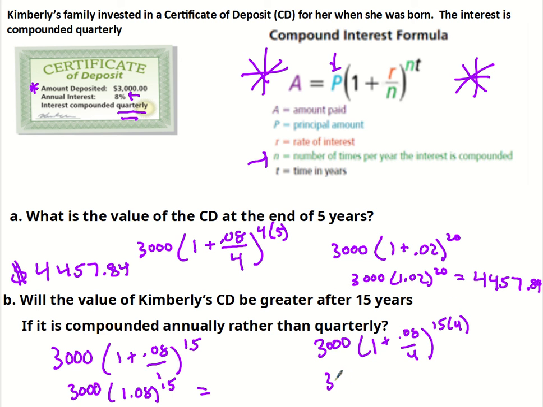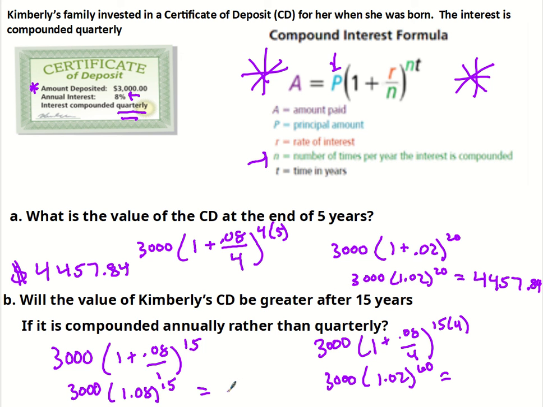So what I'm comparing is what's the account going to be worth with these two exponential growth values. So same rate, same initial amount, same amount of time, but this one was compounded 4 times a year, this one was compounded once a year. And I want to see what's the difference in the accounts. So I'm going to plug these values into the calculator and then solve.